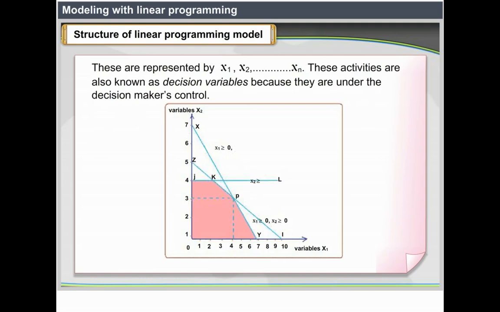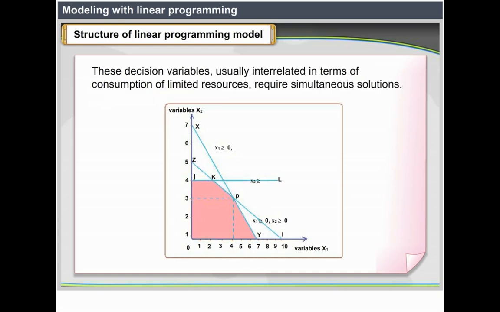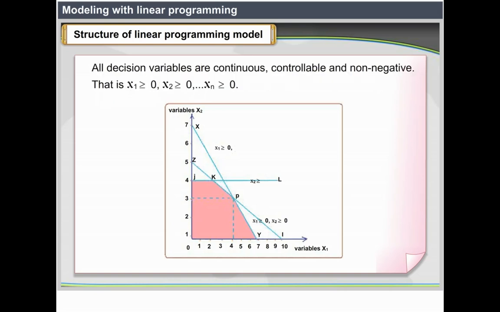These activities are also known as decision variables because they are under the decision maker's control. These decision variables, usually interrelated in terms of consumption of limited resources, require simultaneous solutions. All decision variables are continuous, controllable, and non-negative.